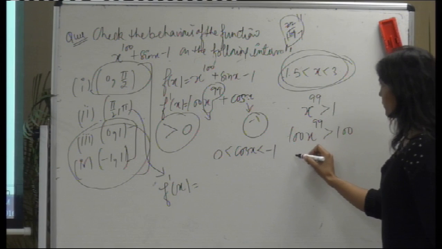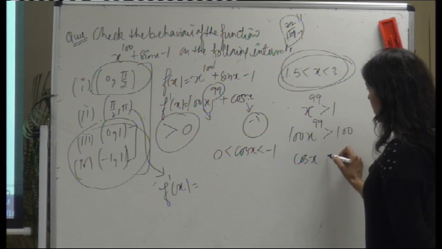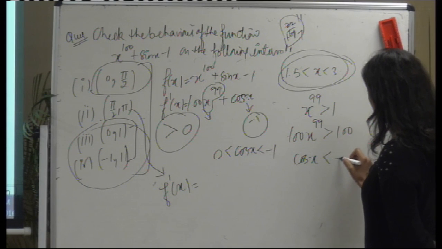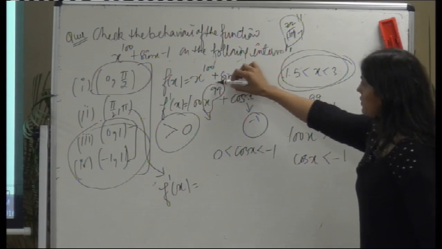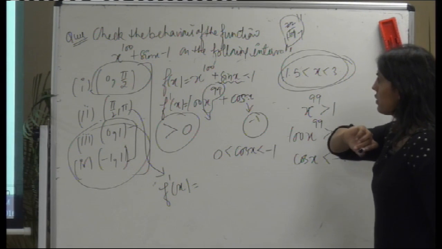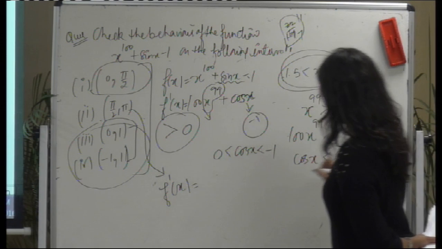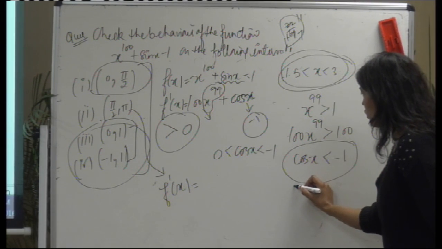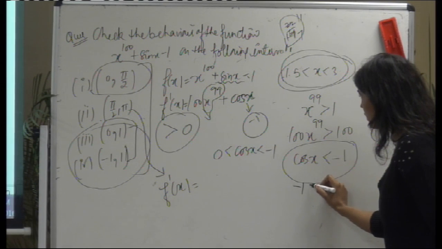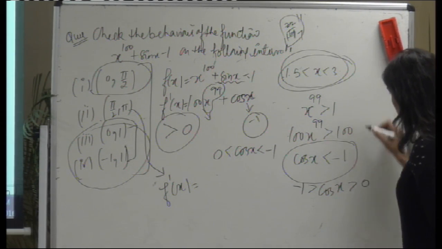So cos x is greater than minus 1 and less than 0.